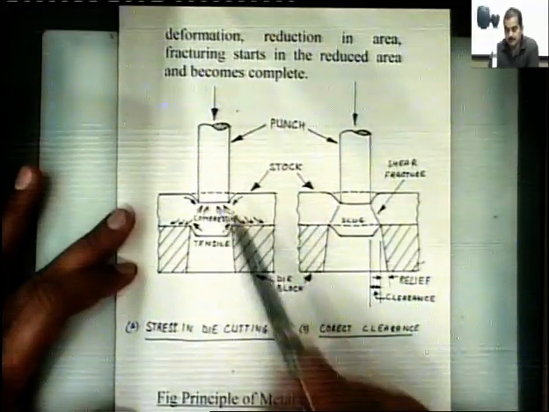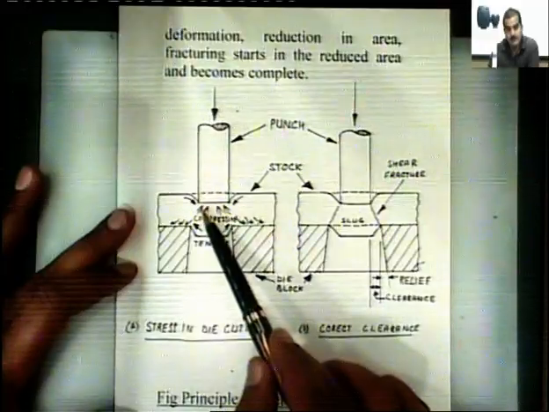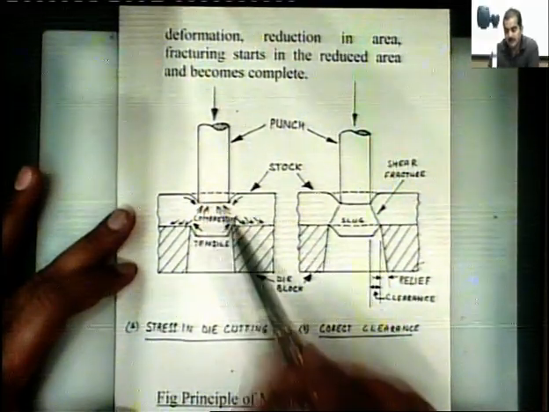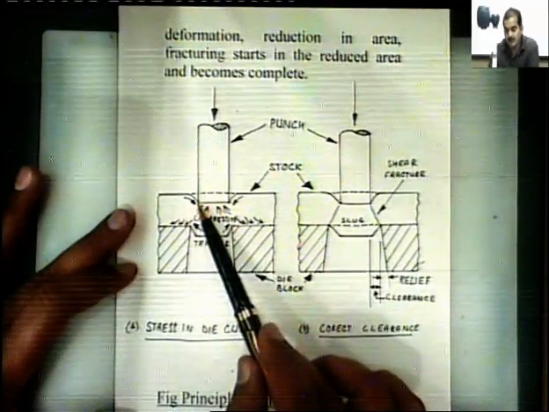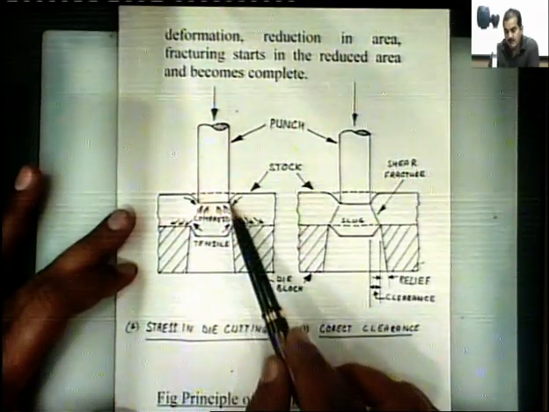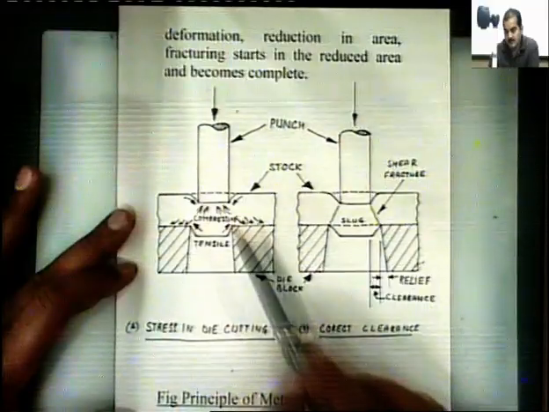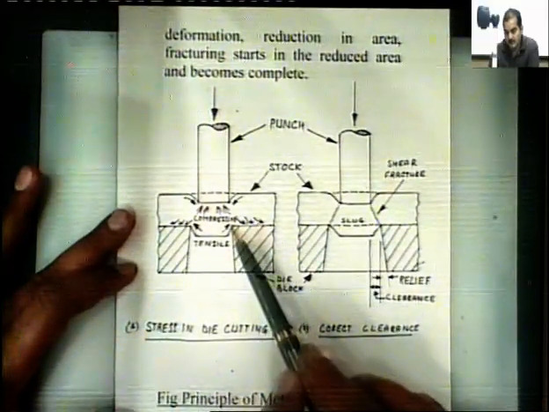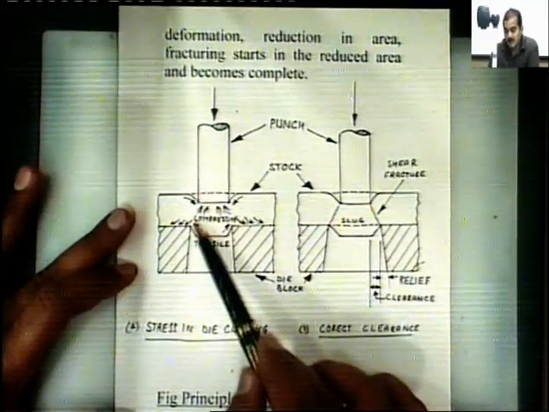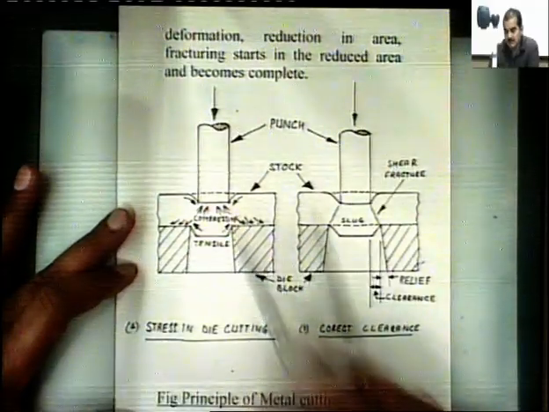Due to this tension or compression, this area gets reduced and the fracturing starts at the cutting edges of the punch on this side as well as this side. Similarly, the cutting edge of the die on this side and on this side. So, fractures start one from this side and second from this side.